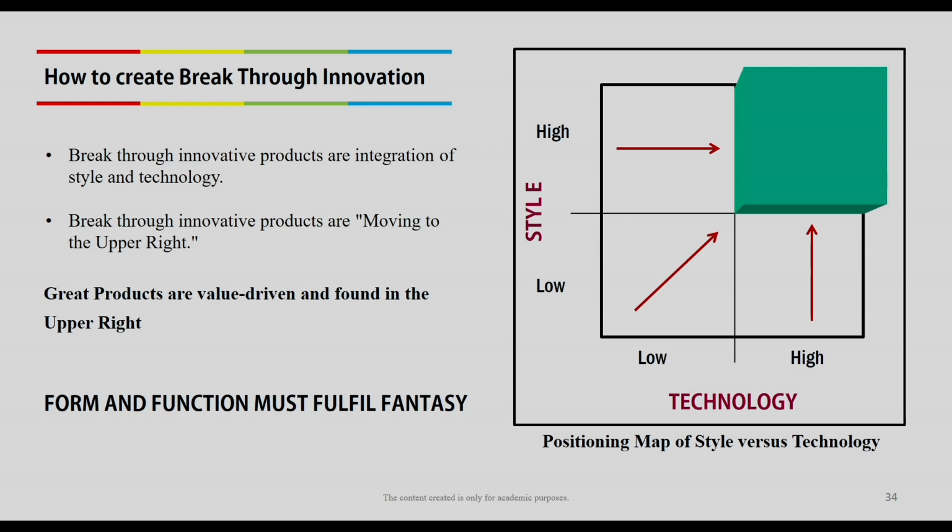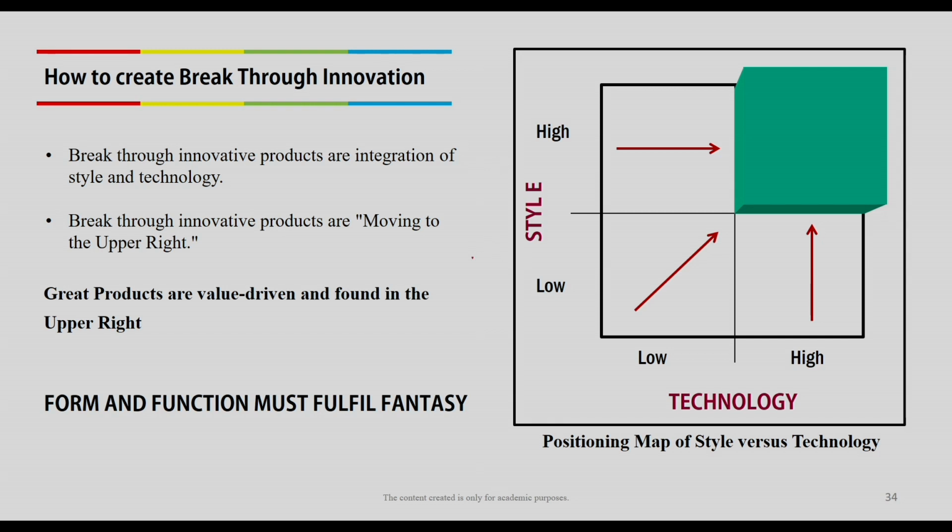Breakthrough innovative products are an integration of style and technology. What is style? Style refers to the sensory elements that communicate the desired aesthetic and human factors of the product or service.